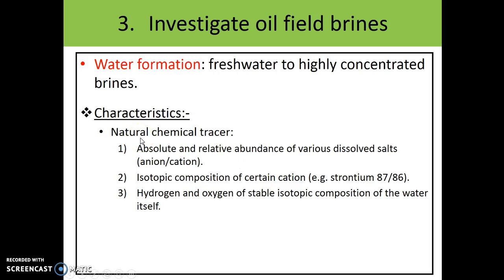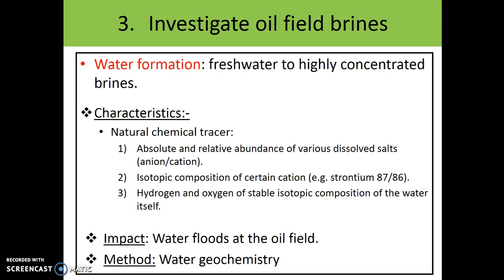The characteristics of these formation waters are basically chemical traces that occur naturally, which include the absolute and relative abundance of various dissolved salts, anions and cations, and then the isotopic composition of certain cations, for example strontium 88, 87, 86, and also the stable isotopic composition of hydrogen and oxygen of the water itself.